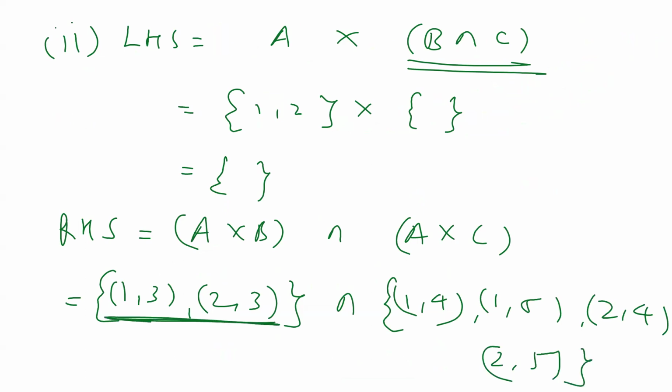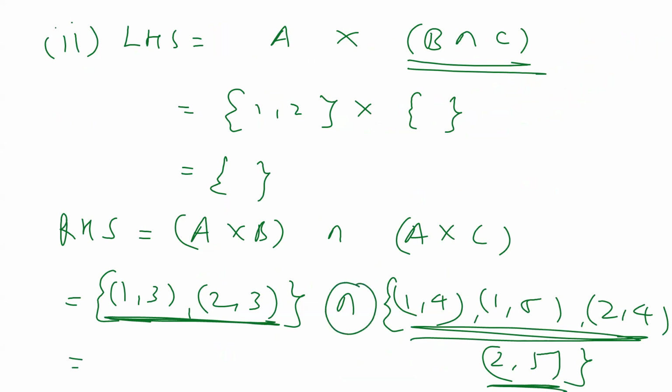So this is A cross B and this is A cross C. Is there anything in common between the two? I don't think so. Nothing is in common, so this is also a null set. In both cases we are getting a null set. Hence LHS is equal to RHS.